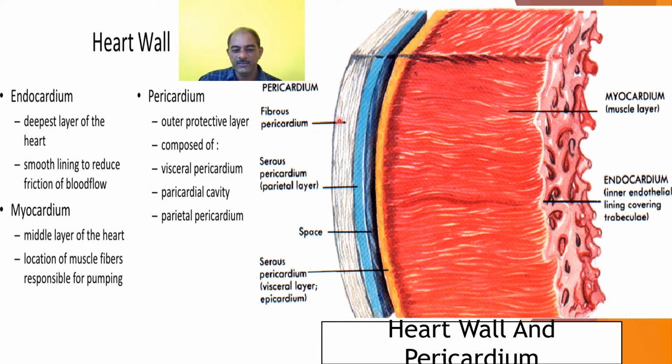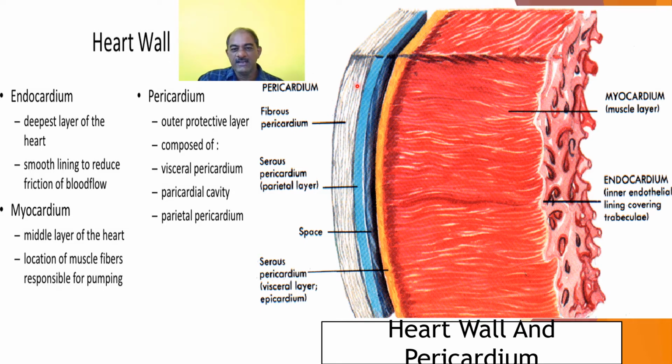That layer is made up of fibrous connective tissue. Inside this is a second layer, called serous pericardium. The serous pericardium is again divided into two parts. Outer layer is called the parietal layer, and inner layer is called the visceral layer.